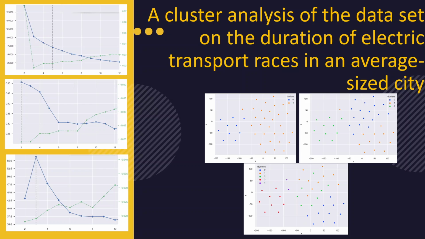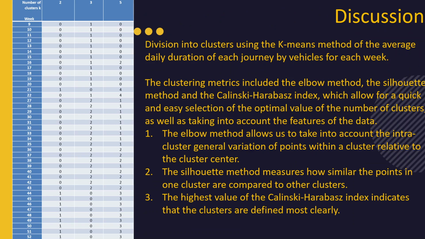The figure in the center of the slide shows the distribution of the average daily value of the duration of each trip of each week during the year into clusters obtained for K equal to 2, 3, and 5. The division into clusters using the K-means method of the average daily duration of each journey by vehicles of each week is presented in the table on the slide.